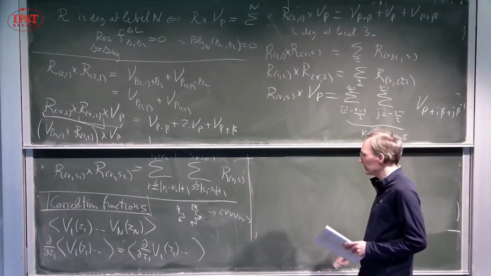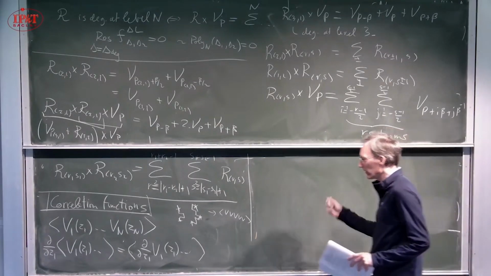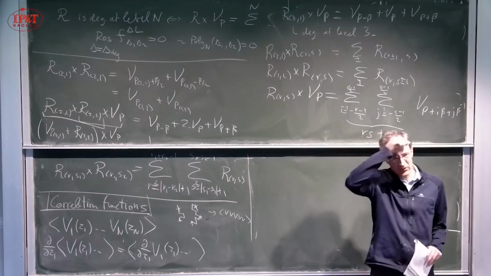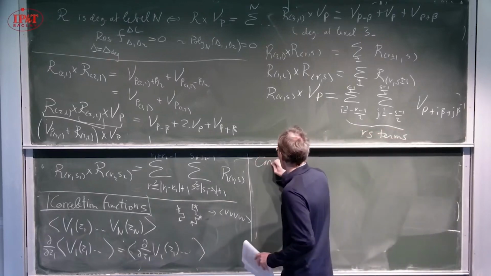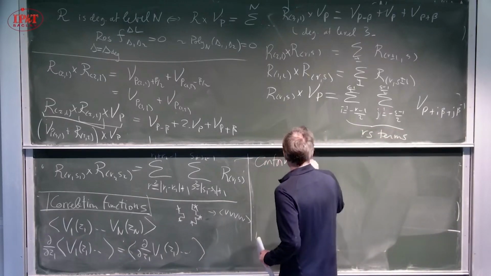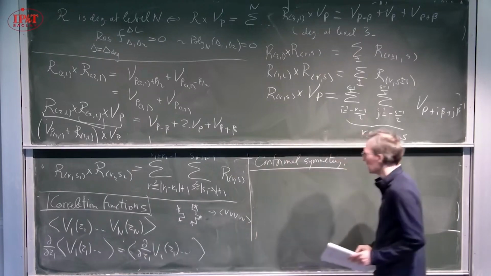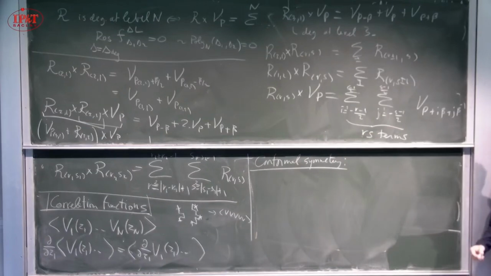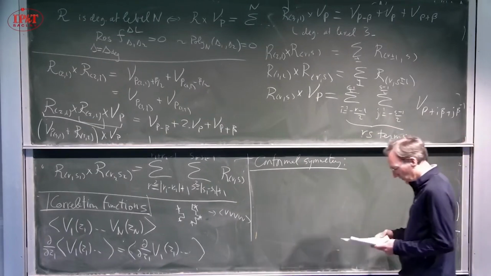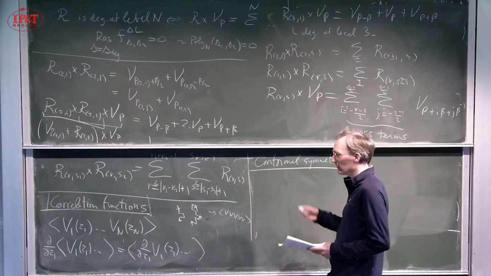Okay, so let's compute correlation functions, and let's start with the constraints from conformal symmetry. Just like for operator product expansions, the right tool to derive these constraints is the energy momentum tensor.